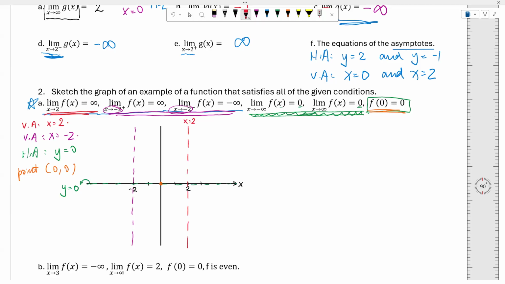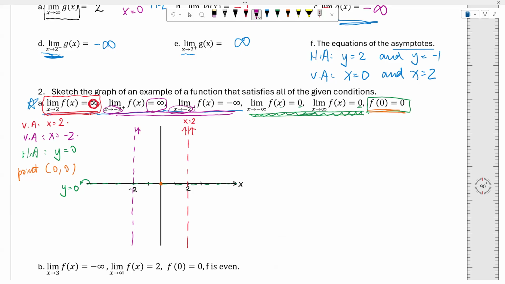Then now, at the vertical asymptote x equal to 2, the output from the left and the right goes to infinity. And as x approaches -2 from the right, it goes to infinity.